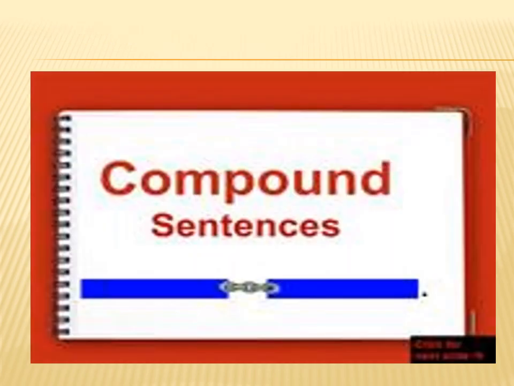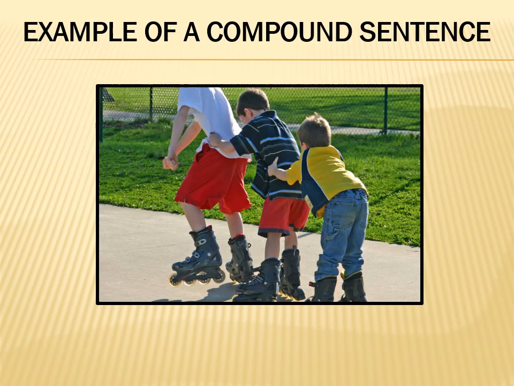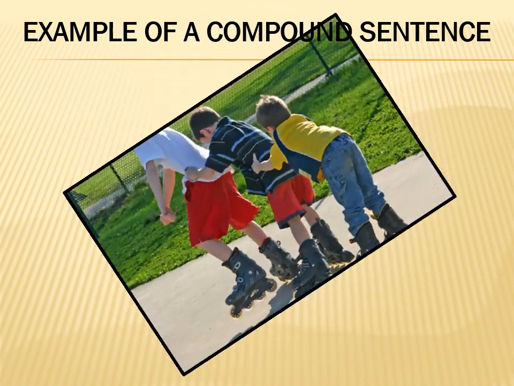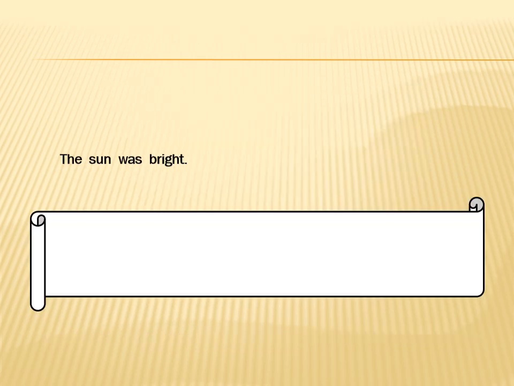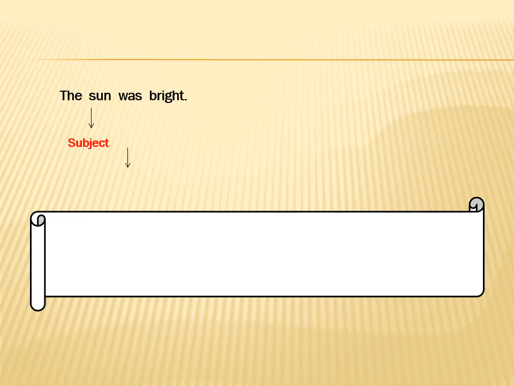Now let's see the second type of sentences called the compound sentences. Example of a compound sentence is the sun was bright and we could see our shadows. The sun is a subject. Was bright is the predicate.